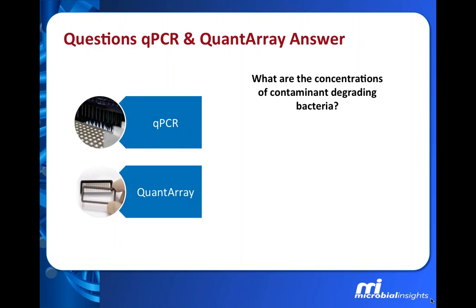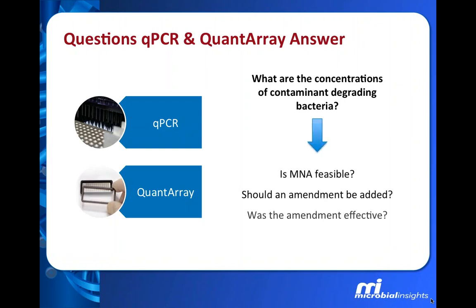Now what I want to make sure that you think about here is quantitation is the key factor to this technology. Knowing the concentration of our microorganisms and whether that's high, medium, or low gives us a direct line of evidence, and it's a third line of evidence that we can use for site management and to be able to answer questions such as, is M&A really feasible at our site?